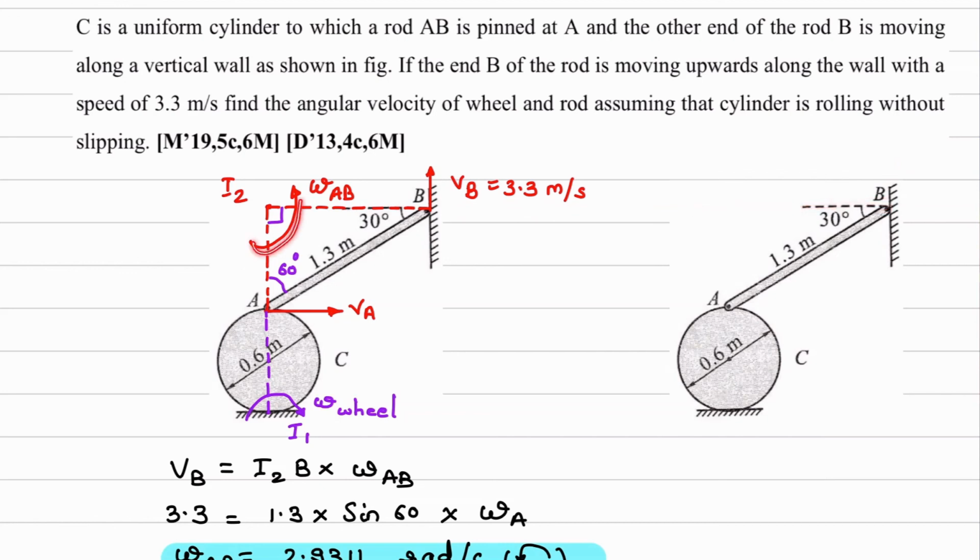Then we found the direction of omega, and using that direction we found the direction of VA. Now VB is known, I2B is known, so we will get omega AB. Once omega AB is known, I2A is known, we will get VA. Once VA is known, I1A is known, we will get omega of wheel. So we have completed the numericals on ICR.